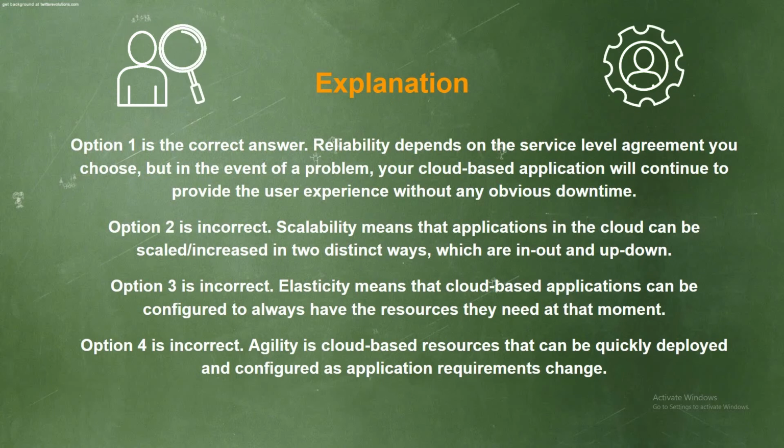Option 3 is incorrect. Elasticity means that cloud-based applications can be configured to always have the resources they need at the moment. Option 4 is incorrect. Agility is cloud-based resources that can be quickly deployed and configured as application requirements change.